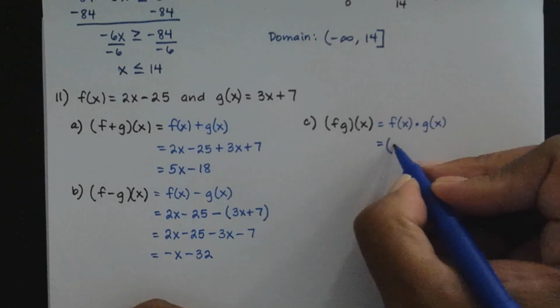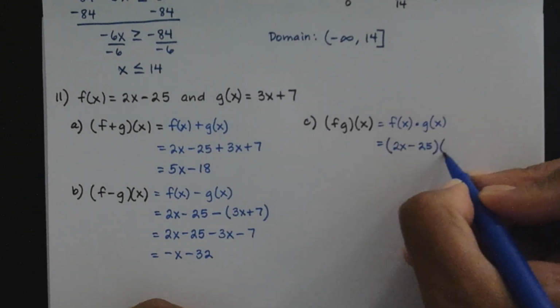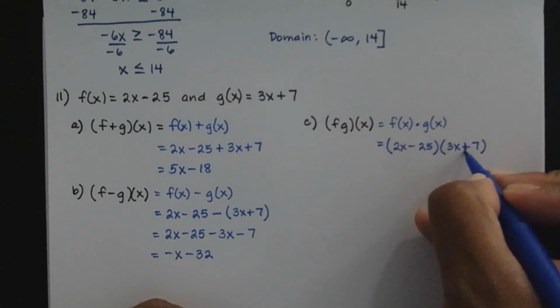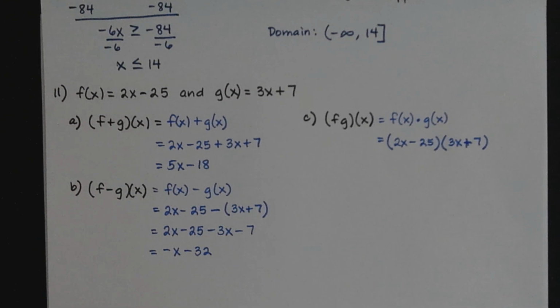So f of x is 2x minus 25 times g of x is 3x plus 7. Well, we're multiplying two binomials. That means we can use the FOIL method on this.